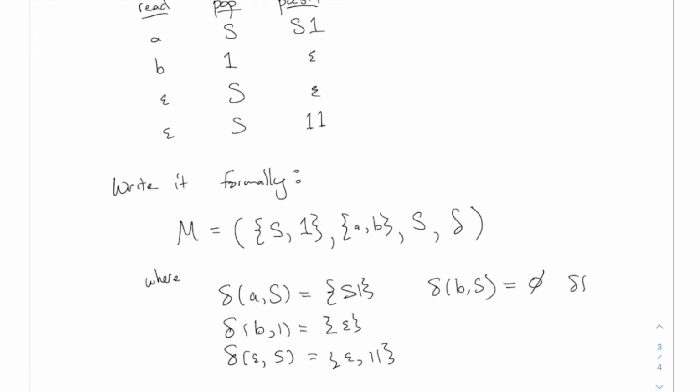It could be delta of epsilon S. That's not empty. I actually already wrote that. Okay, so let's do everything comma 1. Delta of A comma 1 is empty. Delta of B comma 1 is empty. And delta of epsilon comma 1. Sorry, B1 is not empty. It is the set containing the empty string, which is not the same as the empty set.